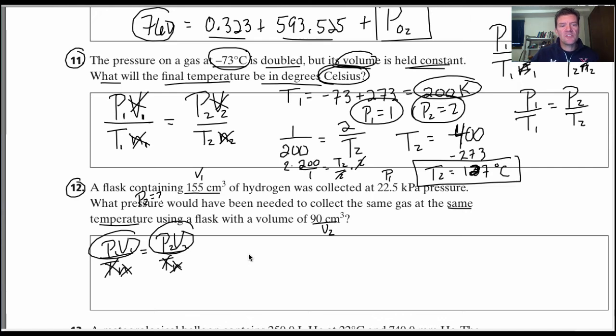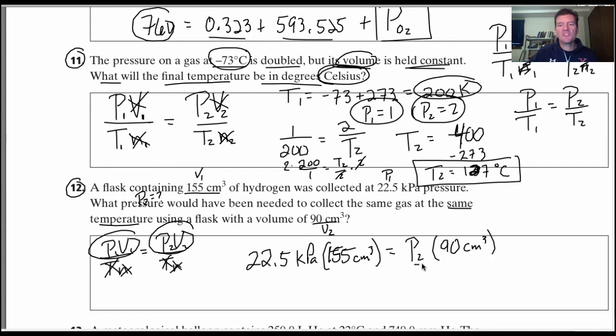So initial pressure is 22.5 kilopascals, and my initial volume is 155 cubic centimeters. And I'm trying to find this new pressure with this new volume.